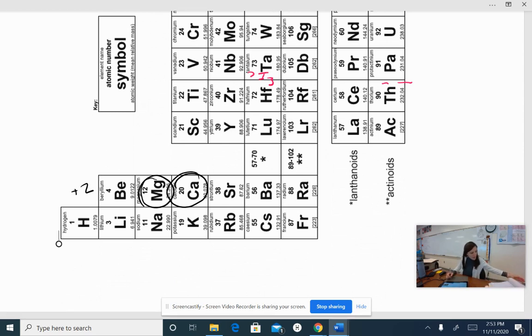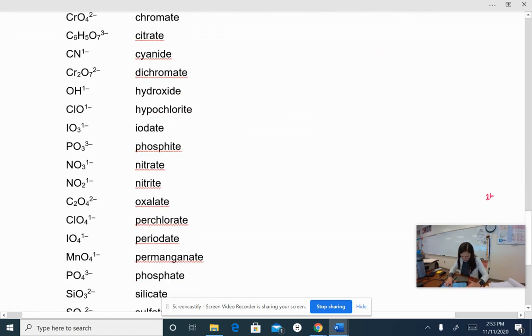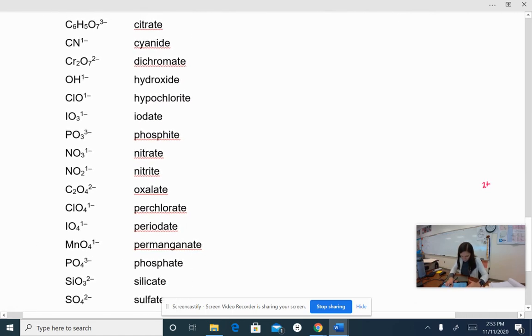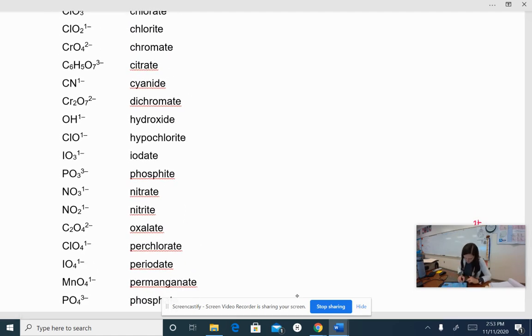Okay, and then when we look at that perchlorate, ooh, that's one of our polyatomics. So let's look at perchlorate. Here we go. Perchlorate. ClO4 -1. So let's work with that.